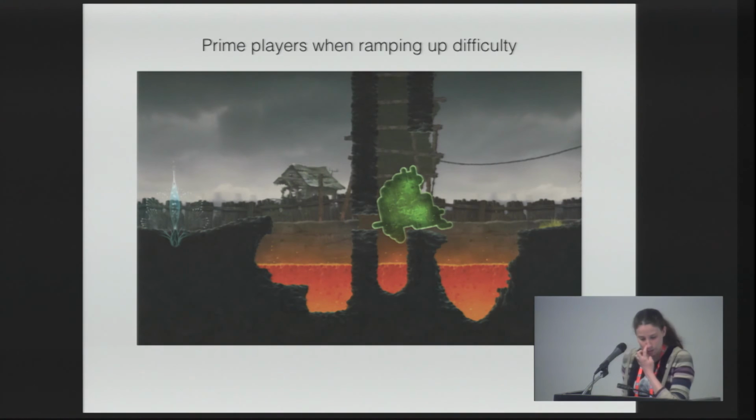And then the last bit is that priming players when ramping up difficulty seems to help. This is outside of our tutorial system. This is when, in levels 2 and 3, we were starting to make puzzles harder. We noticed that for some reason, people were really struggling with the very first puzzle. At first we contemplated making it easier, maybe the puzzle itself was too hard, but then we realized that we hadn't reminded people that they could use their mushroom to clamp onto something in quite a while.